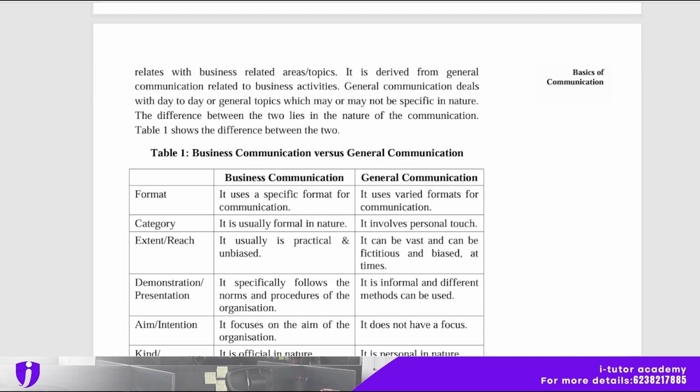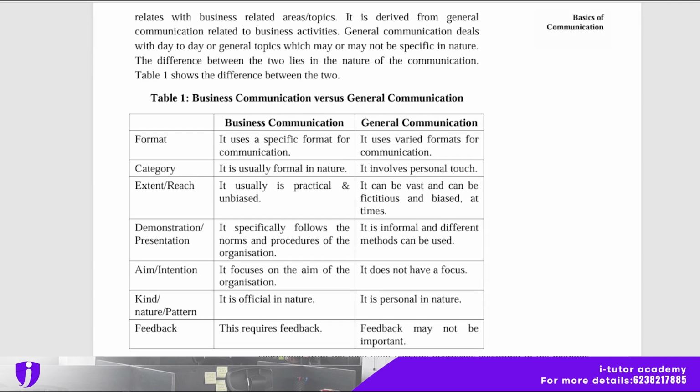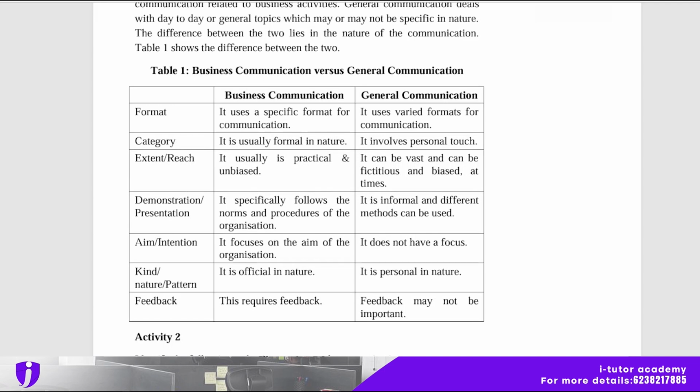So one table is here, business communication versus general communication. So differences are there. What is business communication, what is general communication? Business communication uses a specific format for communication, and general communication uses varied formats. Category. Business communication is usually formal in nature, and general communication involves a personal touch.